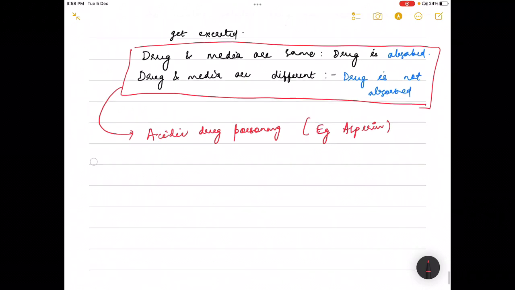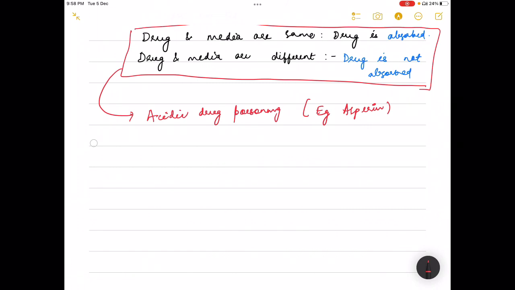So, in poisoning with aspirin, the treatment is by making the urine alkaline by adding sodium bicarbonate. So, this is an example of forced alkaline diuresis.